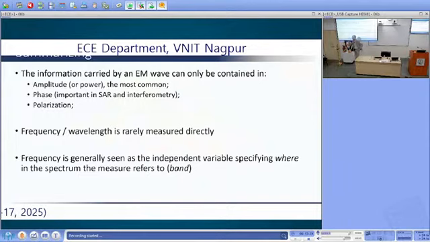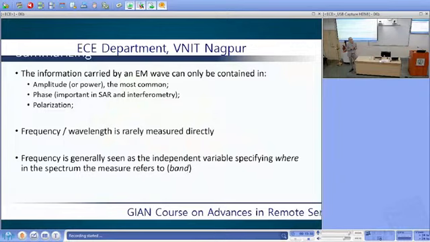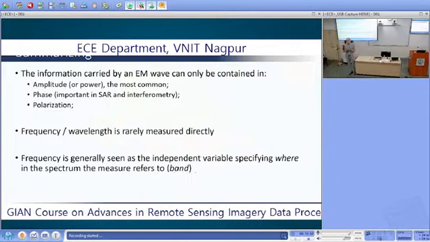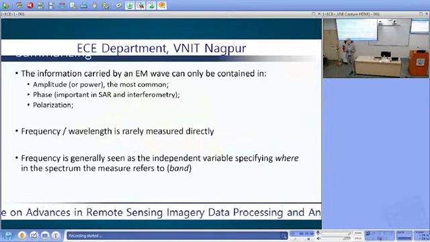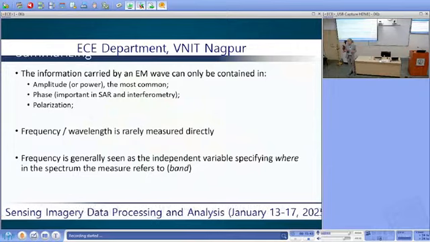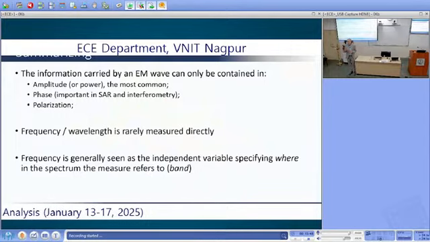But in the case of optical data, what you're measuring is just how strong the radiation is, which is coming into the instrument. Okay, so essentially, when you work with optical remote sensing, you're working with power measurements. And you do not distinguish phase or polarization because it doesn't make sense to do so. It doesn't add any useful information.